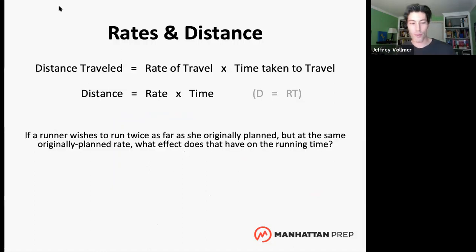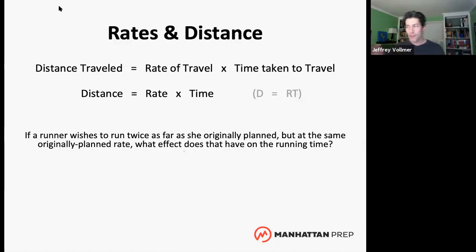So take a look at this situation now. All right, so what we've got here is we have a change. We initially had this plan, we're going to run so far at a certain rate, and it was going to take so much time.